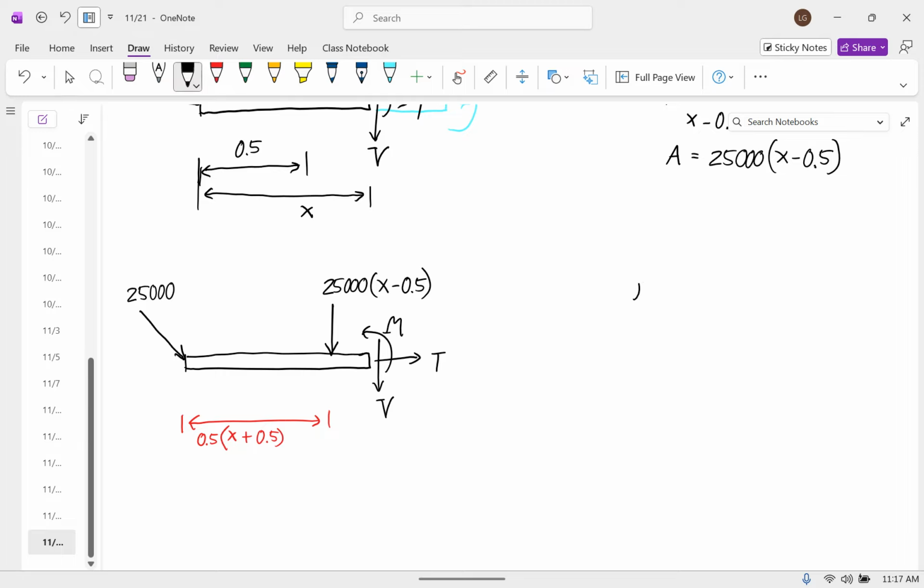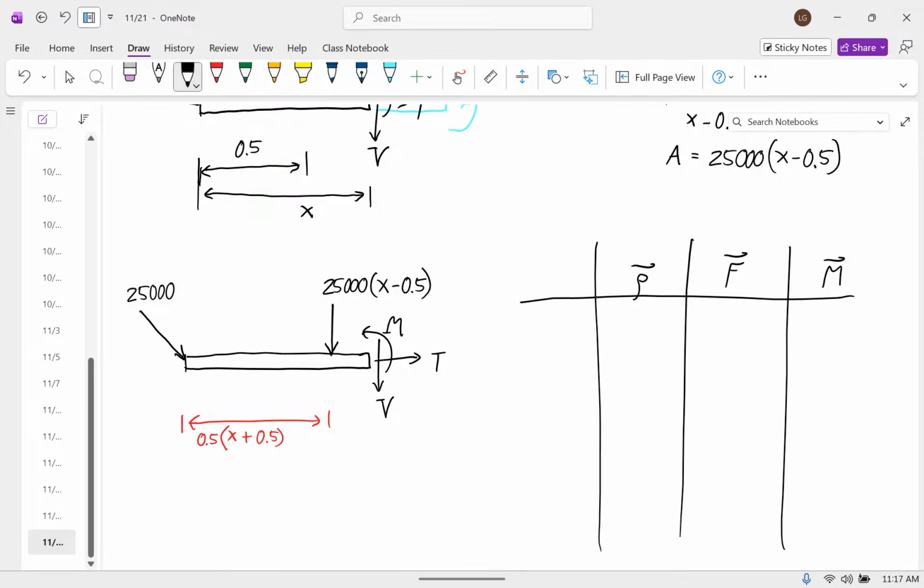And now I'll write out the table. The about point is at the left, like always on these cuts. So the 25,000 Newton force, the row vector is 0. The force is 17,677, negative 17,677.